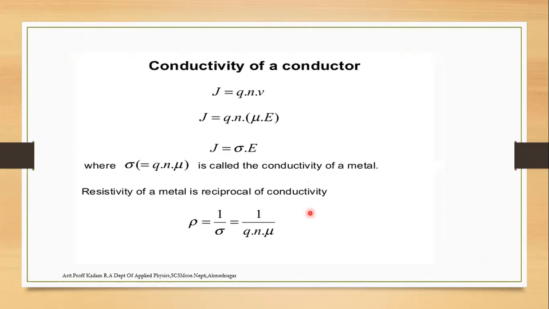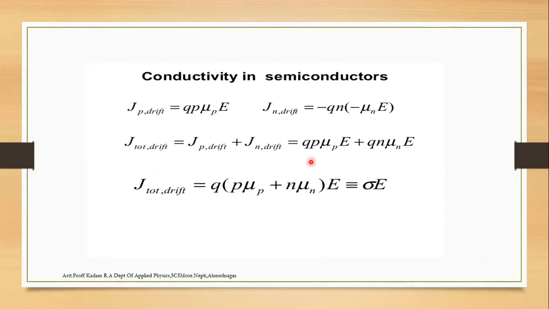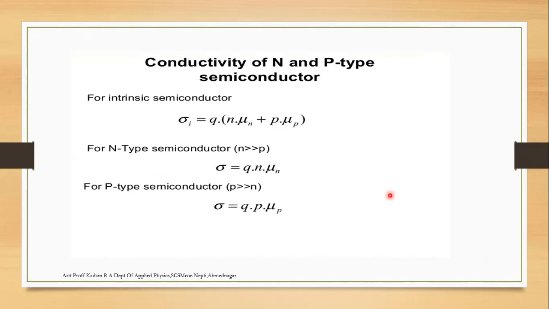Sigma is equal to Q times the bracket P mu P plus N mu N. Putting this in, the current density J total drift is equal to sigma into E, where sigma is the conductivity of the semiconductor.